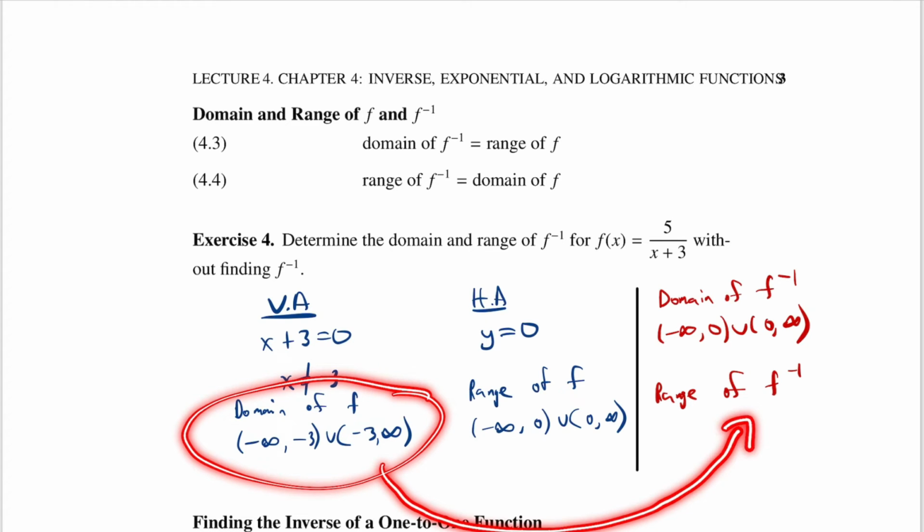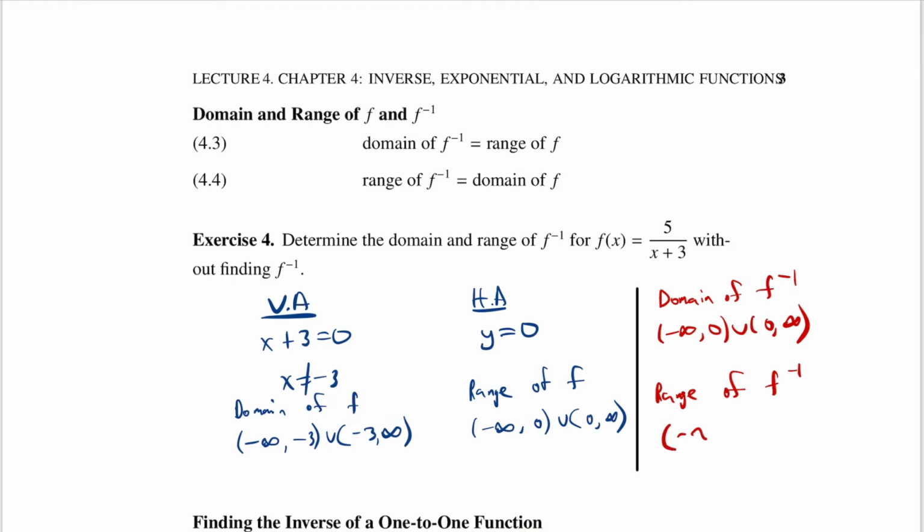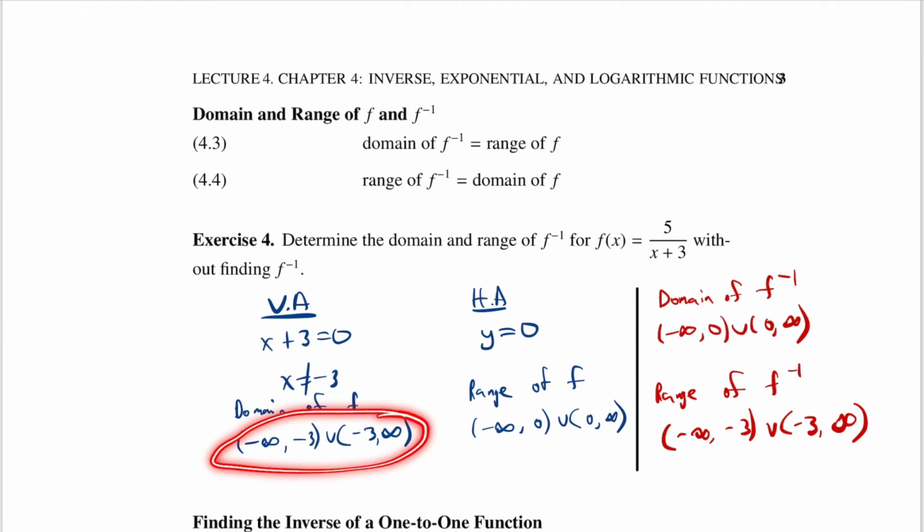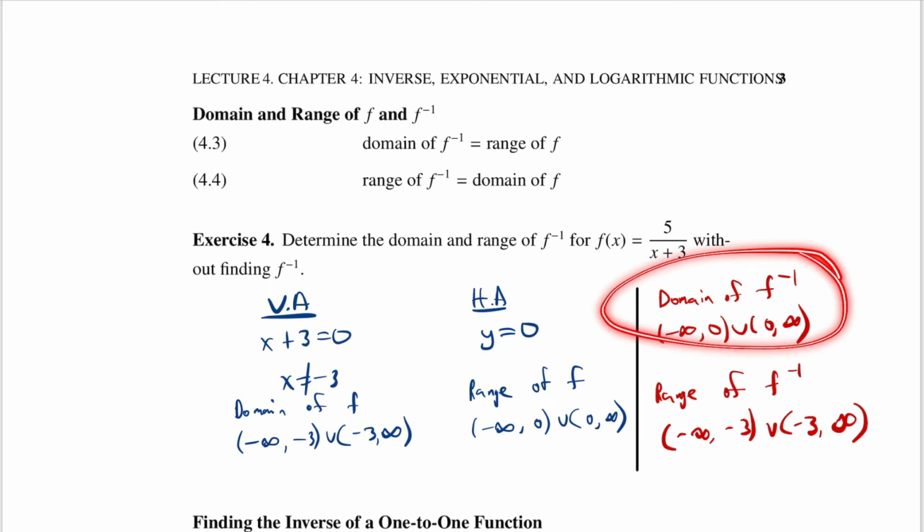So there we have it. -infinity to -3, union -3 to infinity. So once again, to find the domain of the function, you find the vertical asymptote, which is -3, and then you exclude that value from the domain. And then to find the range of the function, you find the horizontal asymptote, and you exclude that value from the range, and then you just swap, and that's how you get the domain of the inverse and the range of the inverse.